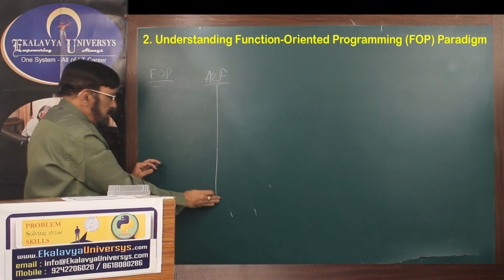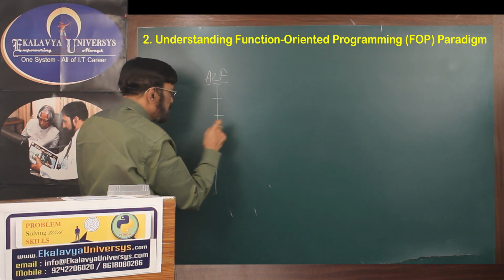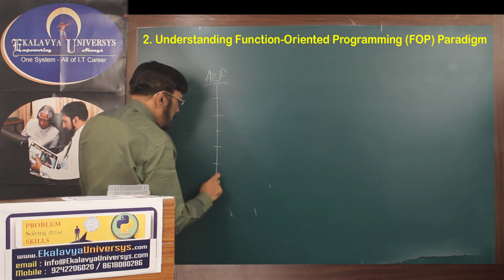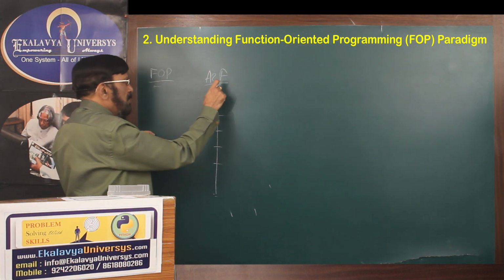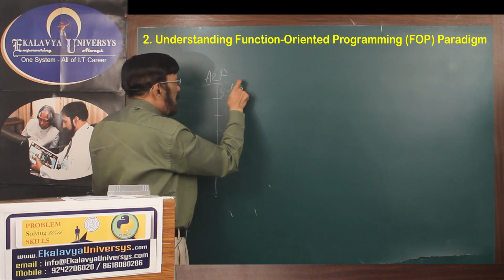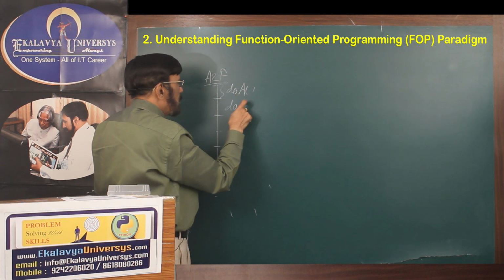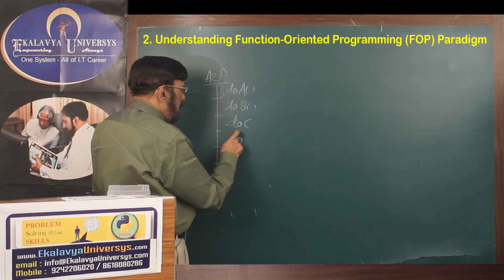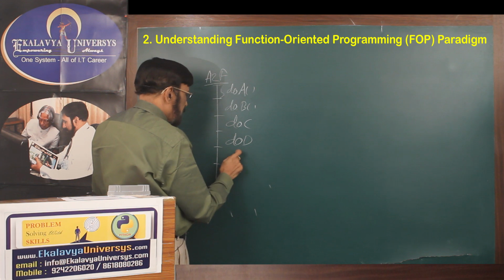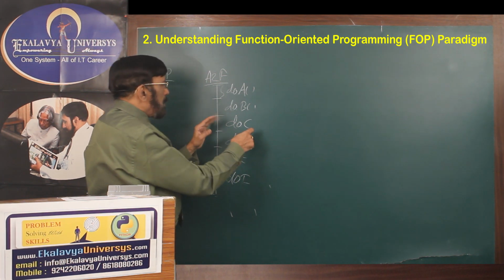And in this, if you analyze it, there are 1, 2, 3, 4, 5, 6. Now 6 subtasks are there. Now let us call them do A, do B, do C, do D, do E, do F. What are these?